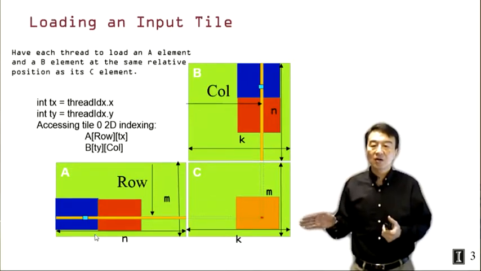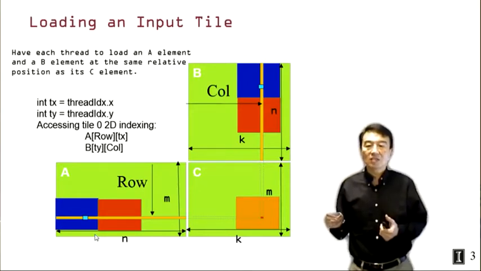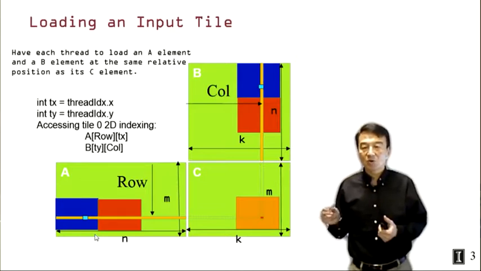However, the X index will depend on threadIdx.x. So this gives us the index calculation for the A element in loading that blue tile: the Y index is row, and the X index is threadIdx.x.